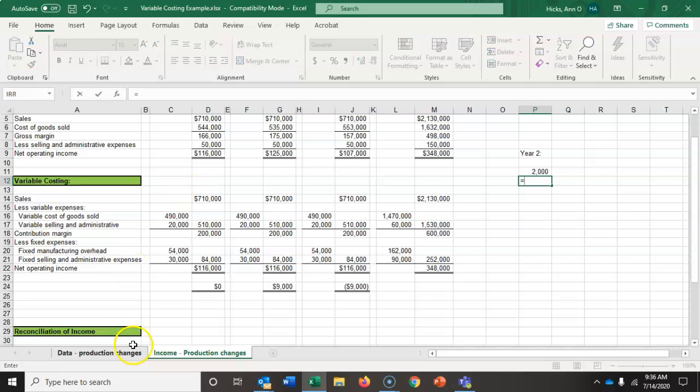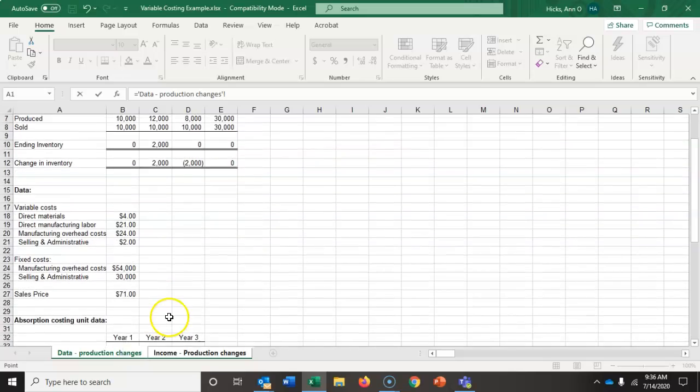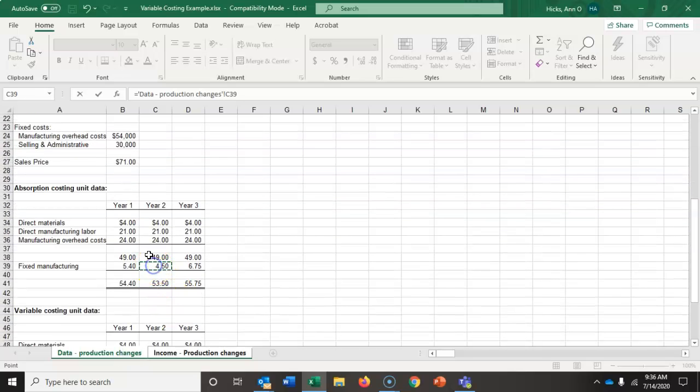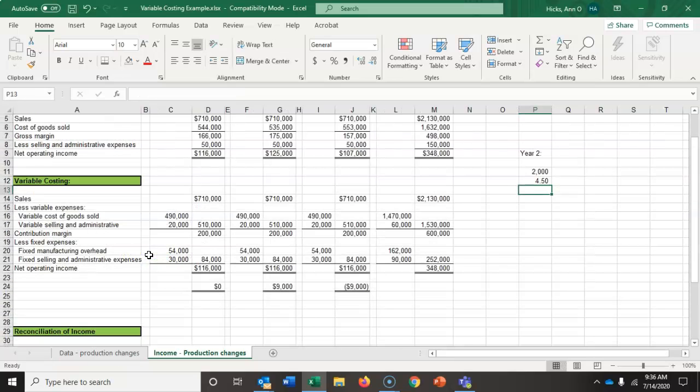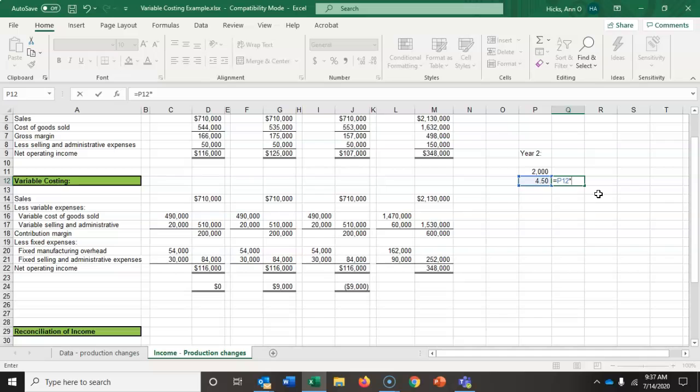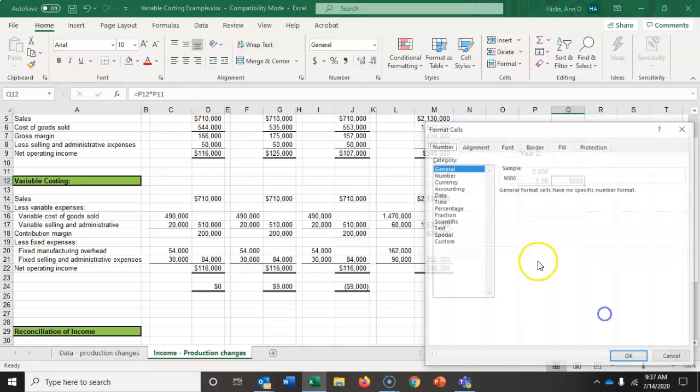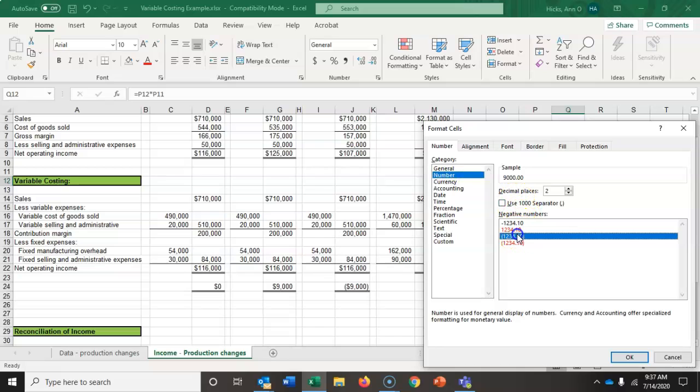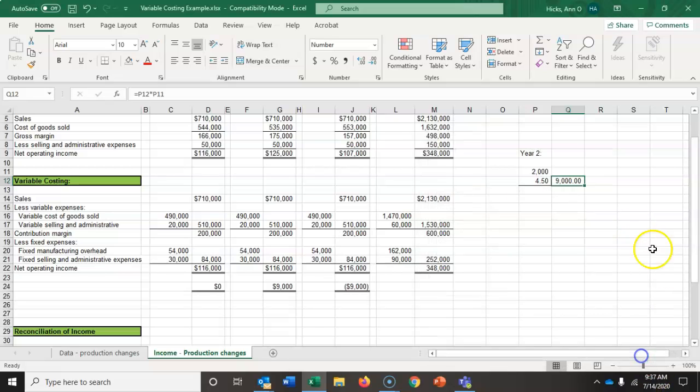For each of those units, we allocated $4.50 in fixed overhead. That means for each of those units, there's $4.50 in fixed overhead that's actually sitting on the balance sheet, not in income. 2,000 units at $4.50 per unit just happens to be $9,000.